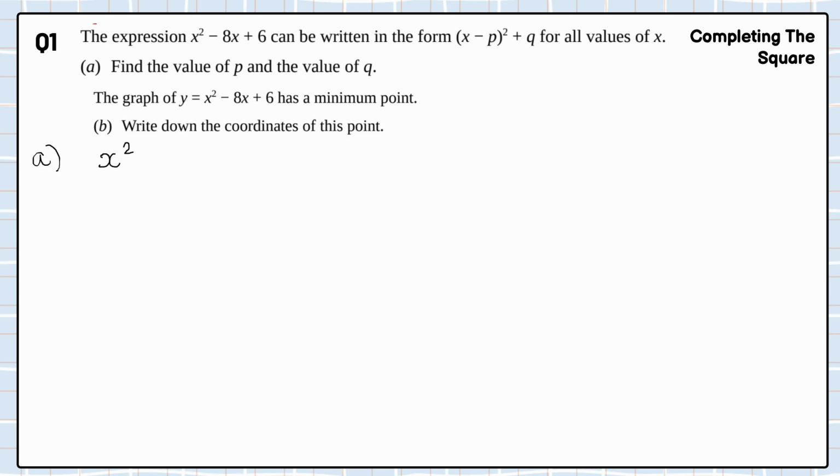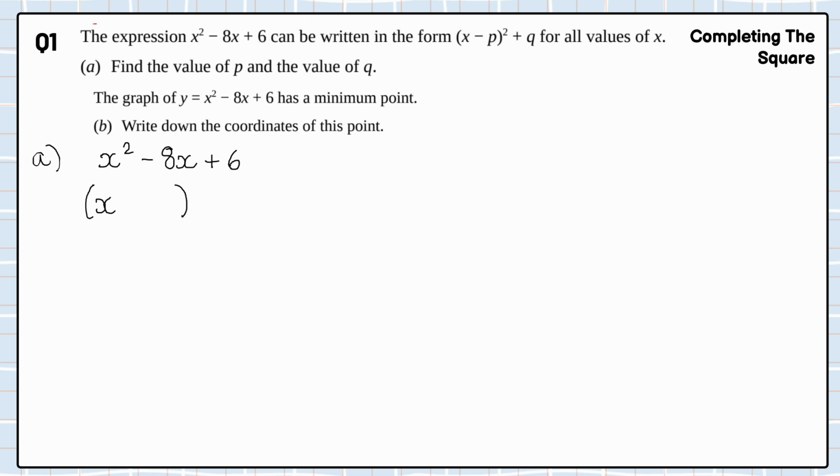x squared minus 8x plus 6. The first step when we complete the square is to write our brackets, and we always write an x inside our brackets.